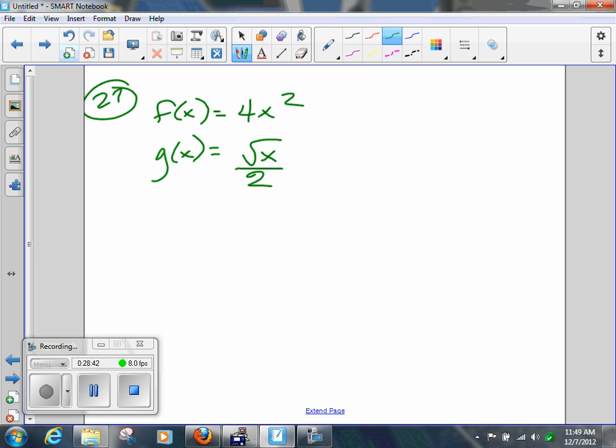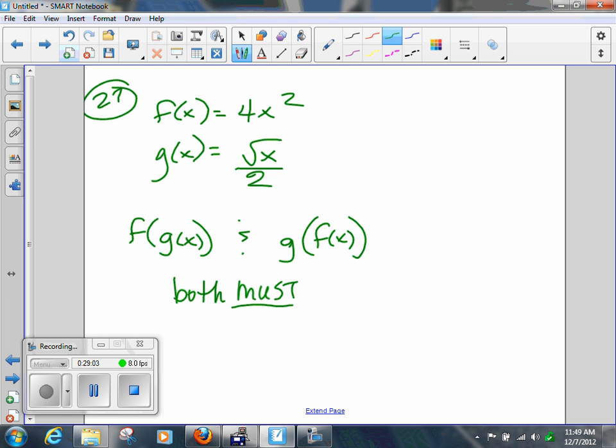Well, how do you determine if two functions are inverses of each other? You do the composition of functions. You find f of g of x, and then you find g of f of x, and they both better be equal to what? They both must be equal to x in order for them to be inverses of one another.